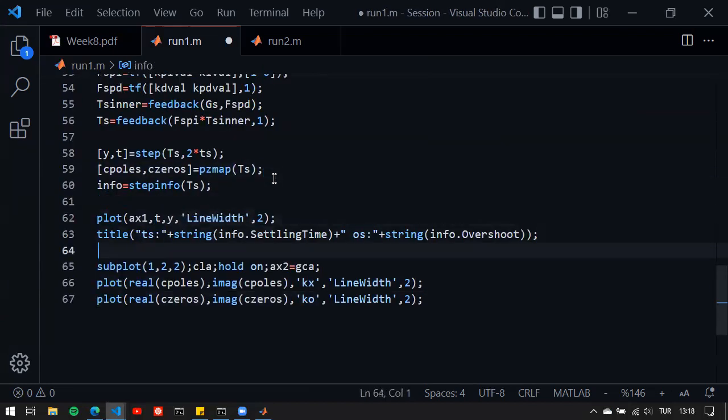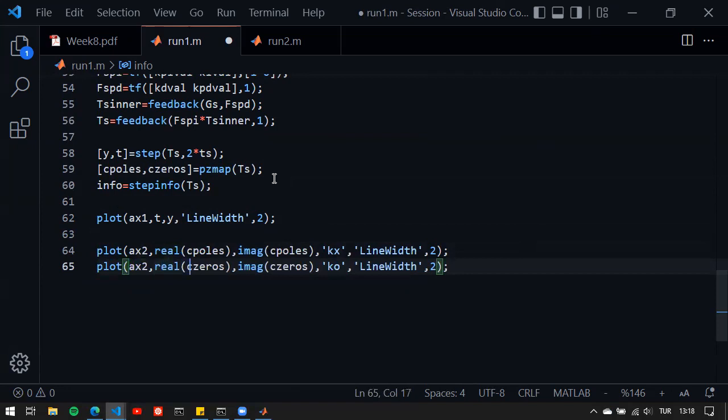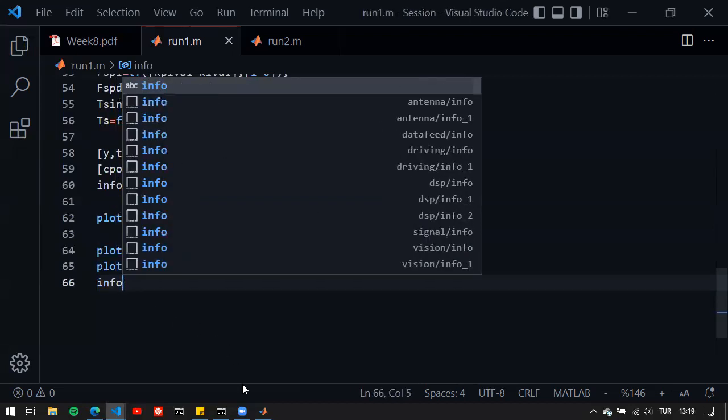So for AX1, do this, don't touch that. For AX2, let's assign a blue color to this. There we go. And let's also display the info here in the command line instead of putting that on the title.